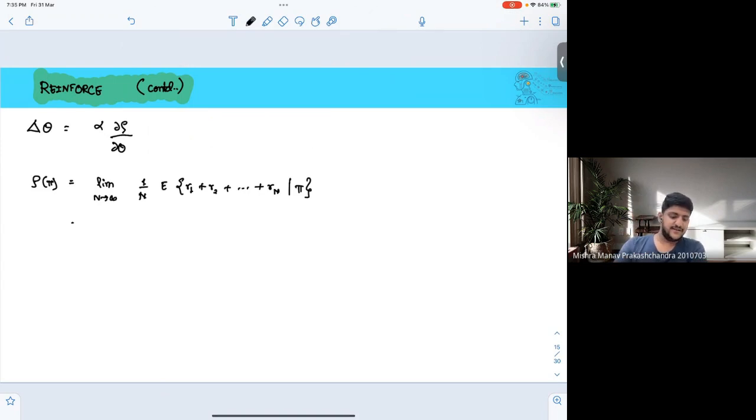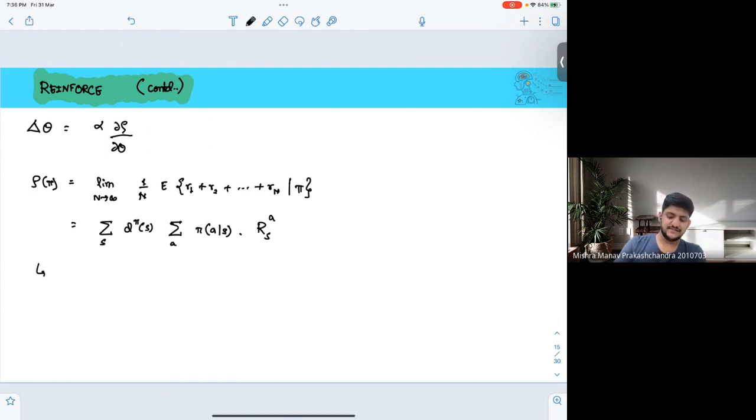Okay, this can be represented as the number of times state S has been encountered, the probability of encountering state S, the probability of taking action A given state S, and finally the corresponding state action reward that one can achieve.